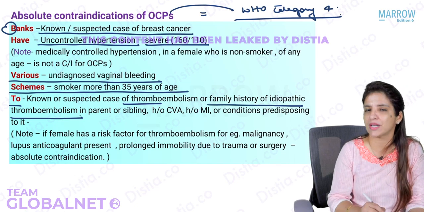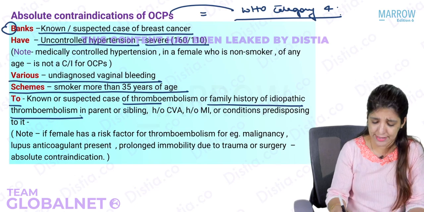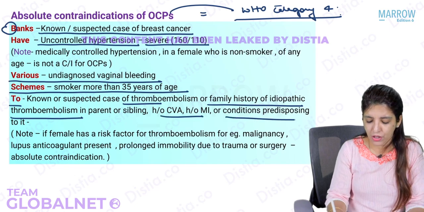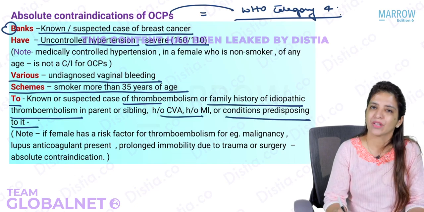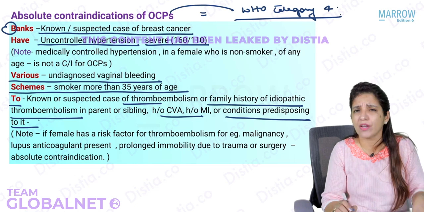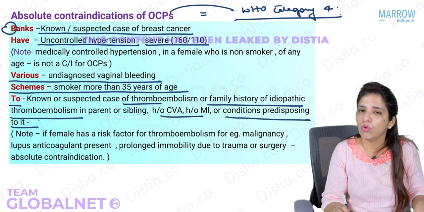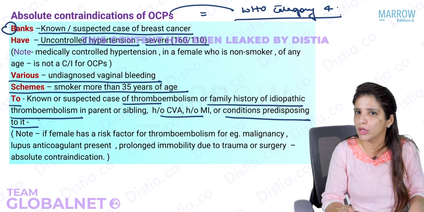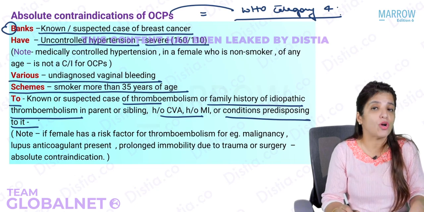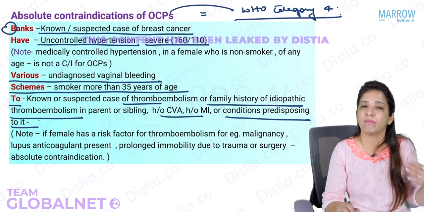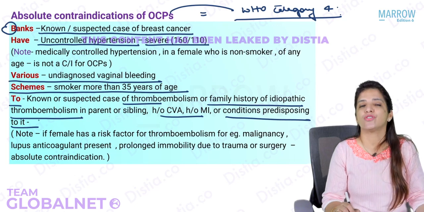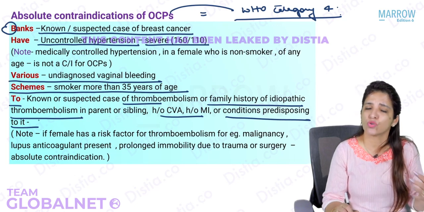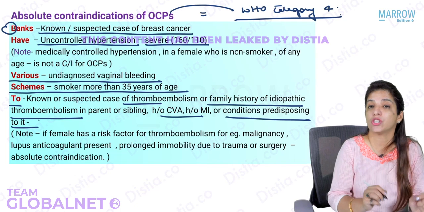Or if your patient has history of cerebrovascular accidents, MI, or conditions predisposing to it. So this is a very, very important contraindication: a known or suspected case of thromboembolism, family history of idiopathic thromboembolism in parent or sibling, or history of cerebrovascular accidents or MI or conditions predisposing to it.